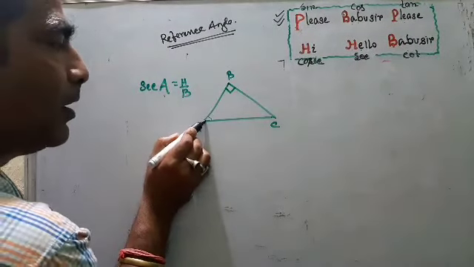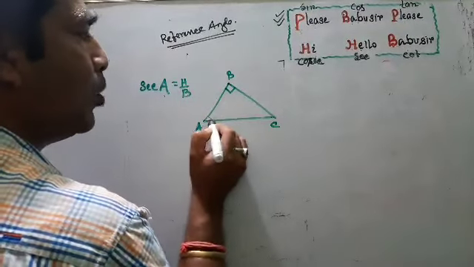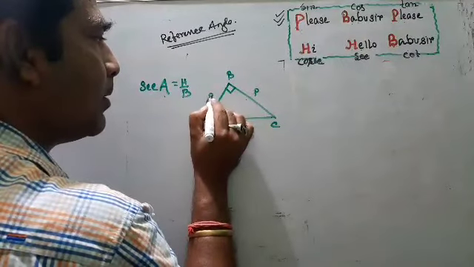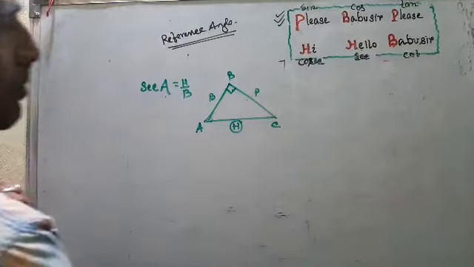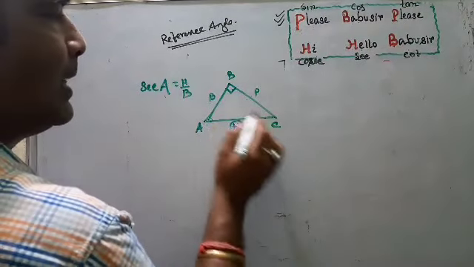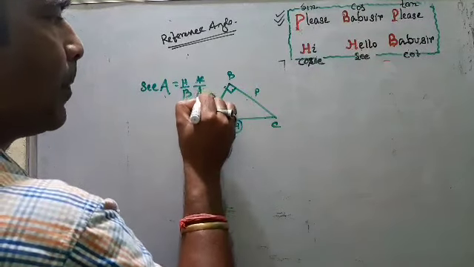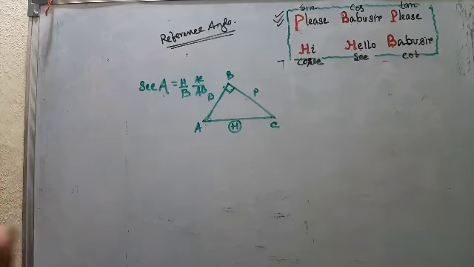From here I check. So the opposite side is my perpendicular. That means AB is my base. Because opposite the 90 degree, the side is confirmed as hypotenuse. So hypotenuse is AC and base is AB. Okay. So like this, you can find the ratio.